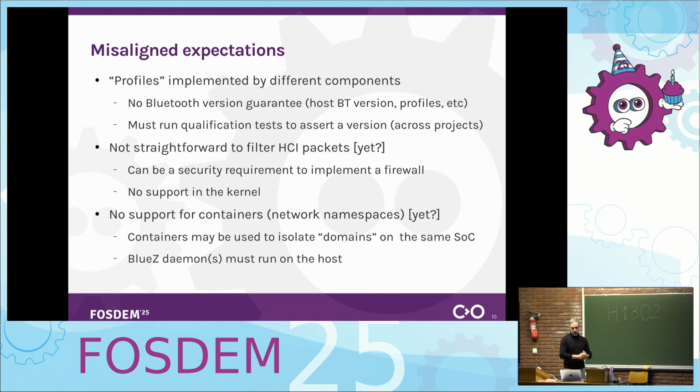Now, some other expectations that were different, and things that we were looking at. One is that in BlueZ, the profiles are not really implemented in one place. You don't have one daemon. You have multiple daemons and multiple components in those daemons, multiple versions, because they are different projects.